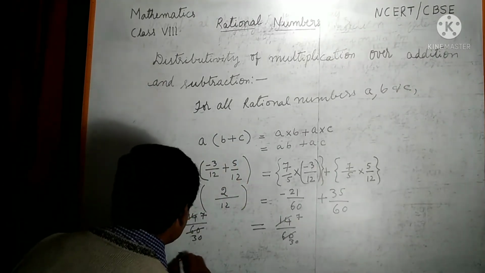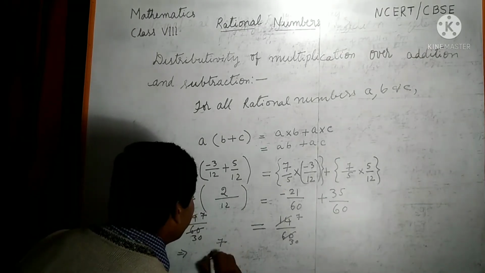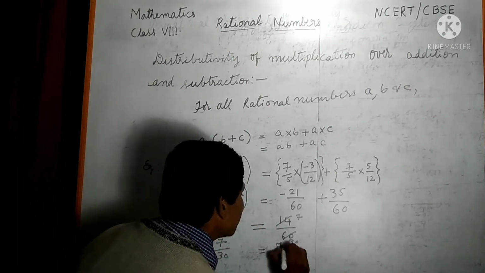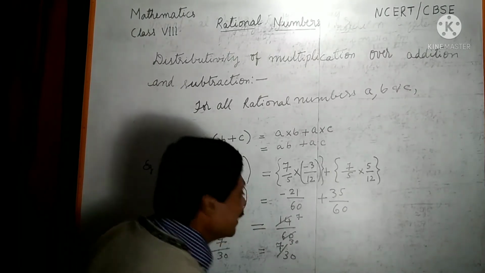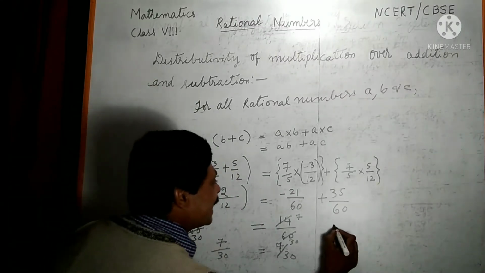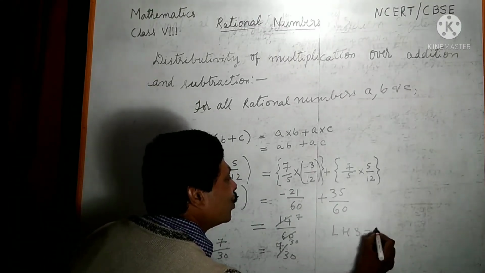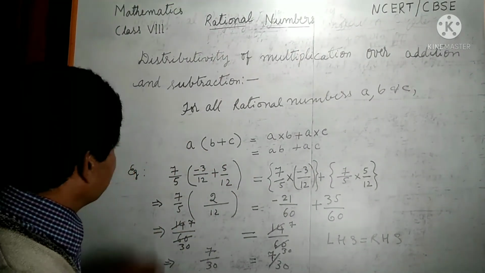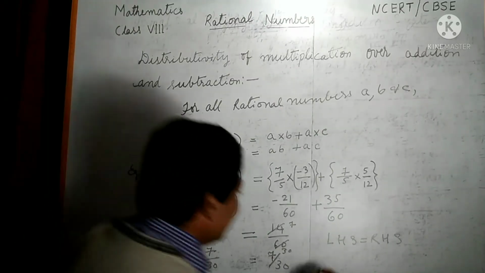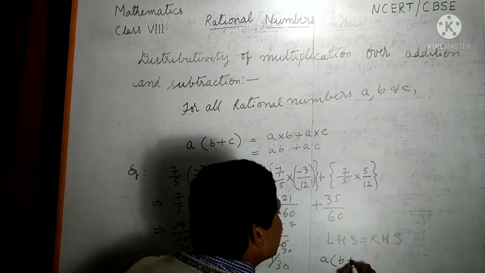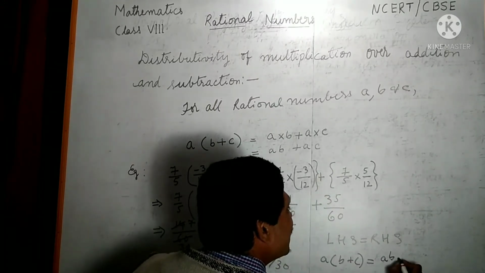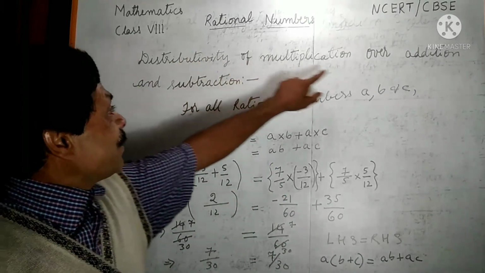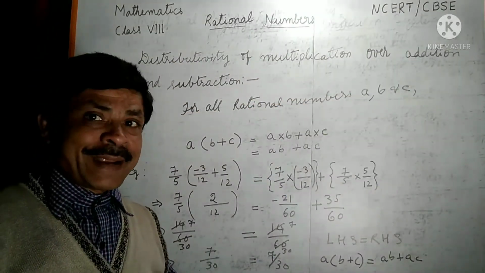This implies 7 by 30. This is equal to 7 by 30. So that LHS is equal to RHS. That means a into b plus c is equal to ab plus ac. Distributivity of multiplication over addition is satisfied.